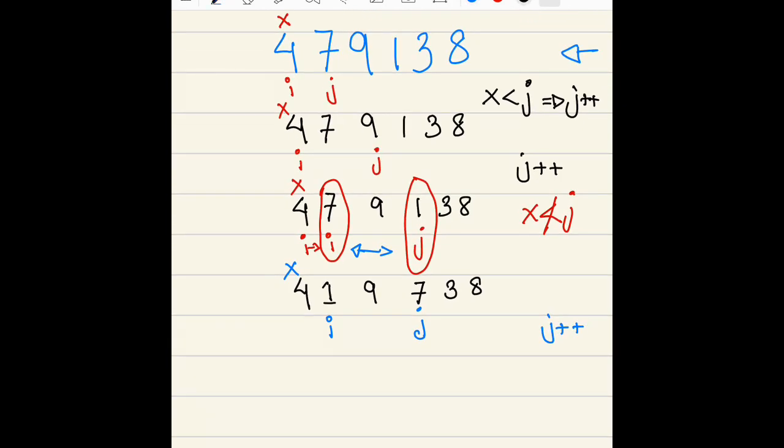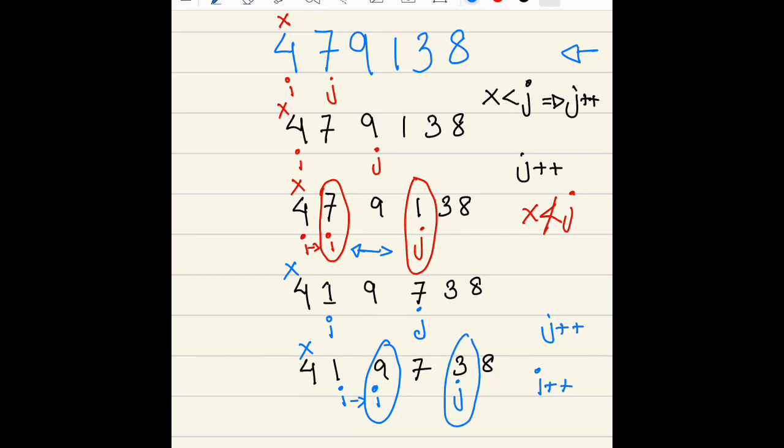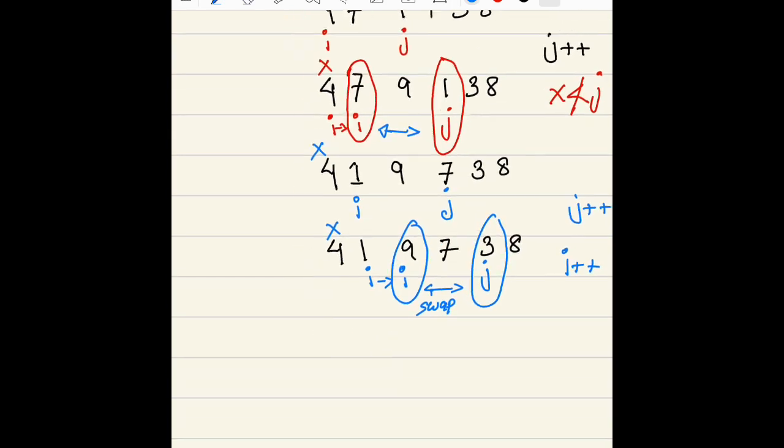So what do we have now? So j is now 3. Is x less than j? No, so we increase i by 1. So i is now this, and j is still in its own position, and then we swap their places.